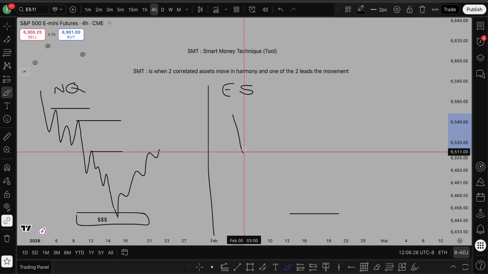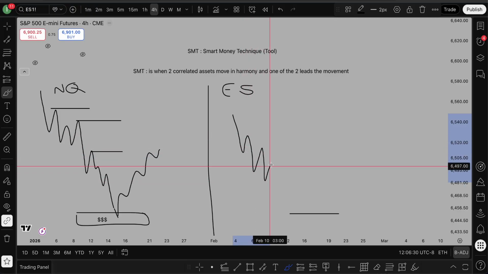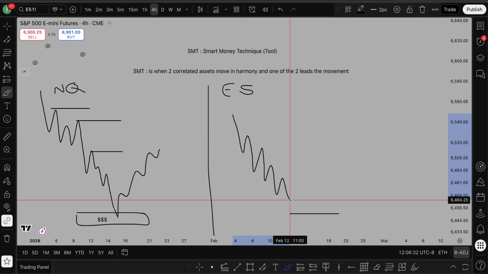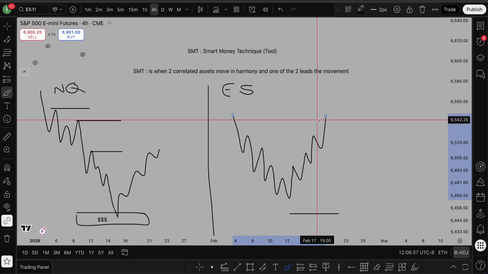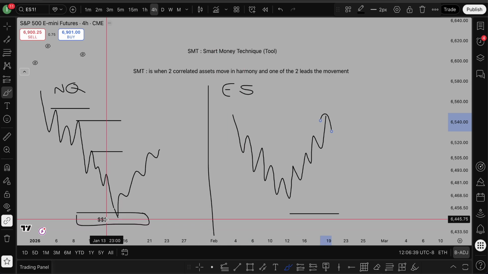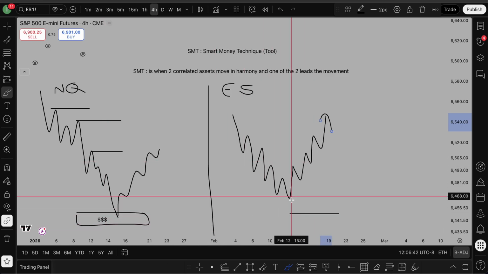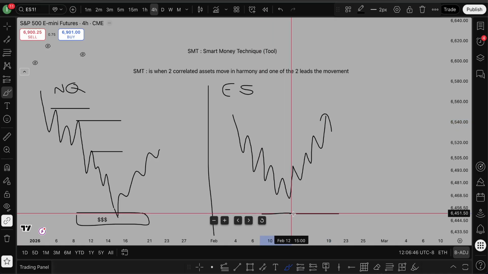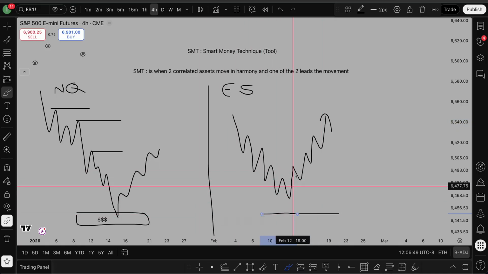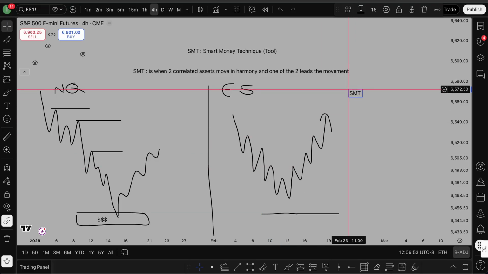An SMT is when we have divergence in these assets. That is when the behavior of one dictates kind of the other. So in this case, an SMT would be when one level gets tapped into, but the other one did not have to go into it. This is SMT. So this is a sign of reversal. SMTs are signals of reversals or reversing.